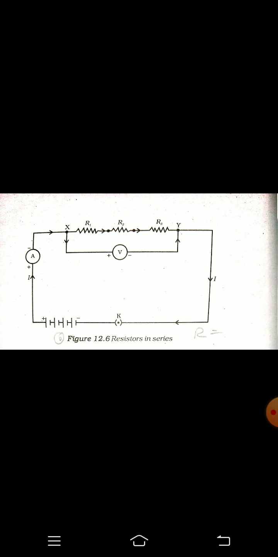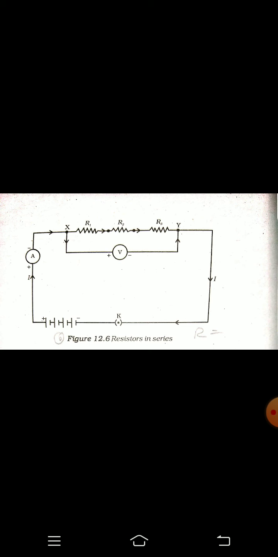And then we have to connect them in series. We have to use a battery of 6 volt. And then we have to switch on. After that, we have to note the ammeter reading. What does it show? The ammeter reading shows us the value of current flowing through an electric circuit.